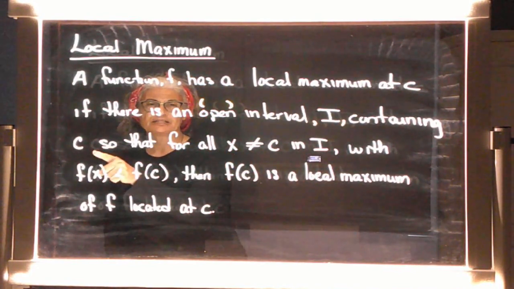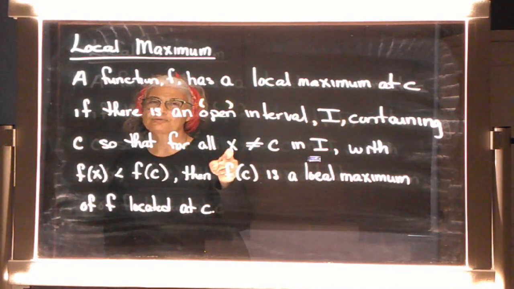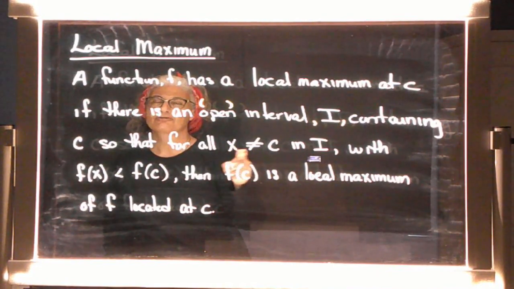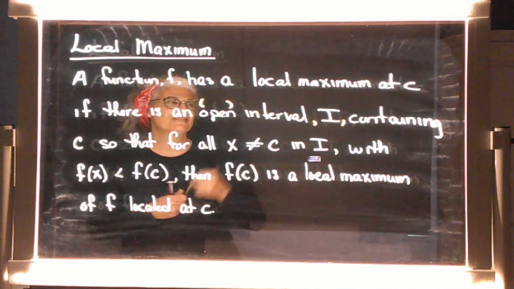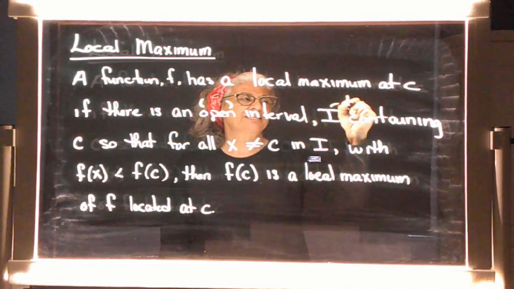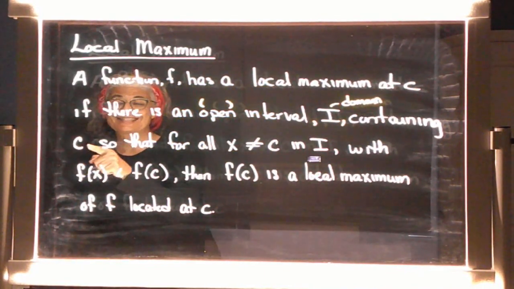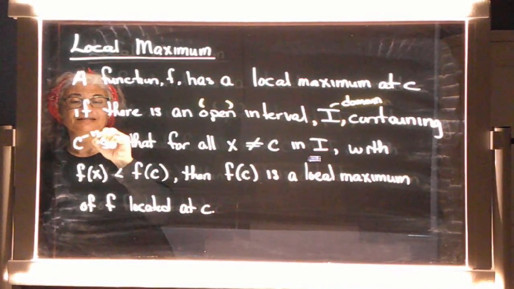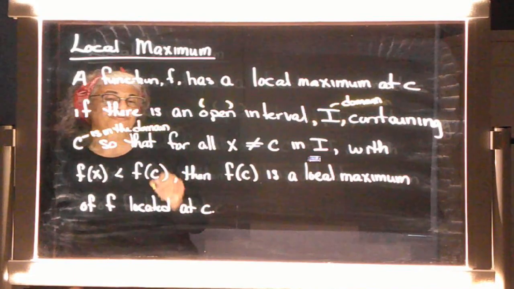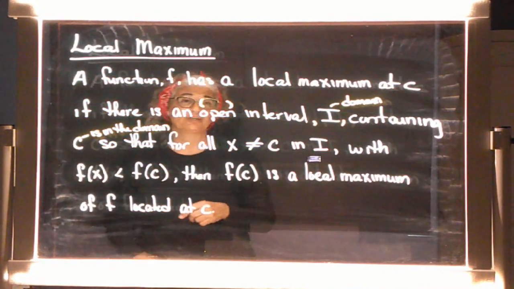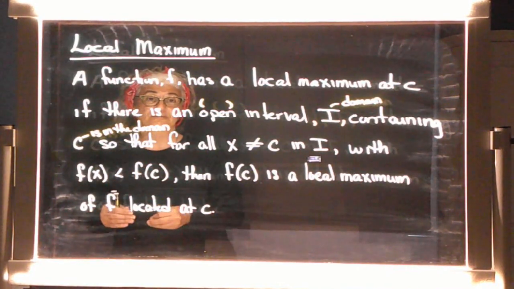C is a number, right? It's in this interval, correct? No other x is equal to c, right? So here's what that tells me. It tells me that I is representing the domain, which means c is in the domain. So this c actually represents some x value, but we're calling it something else to make it stand out.